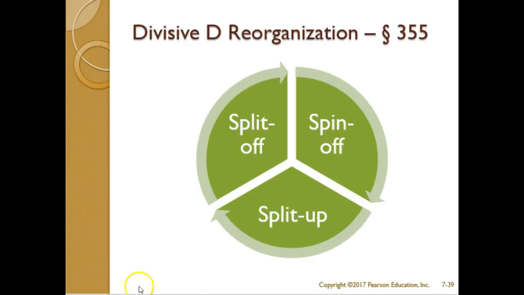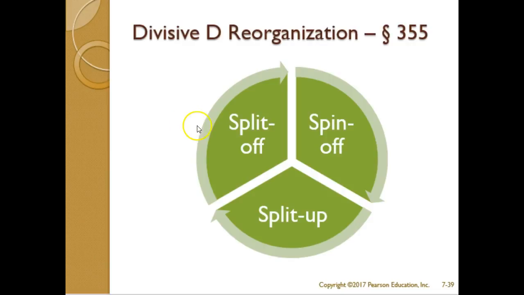Divisive D reorganization. Okay, divisive D reorganization, section 355. There are different business objectives to this: to divide an enterprise into two or more corporations to separate the risk, to split up the business into two separate businesses if there are shareholders that have different goals, reorganizing an enterprise according to functions, profit centers, or geographical areas.